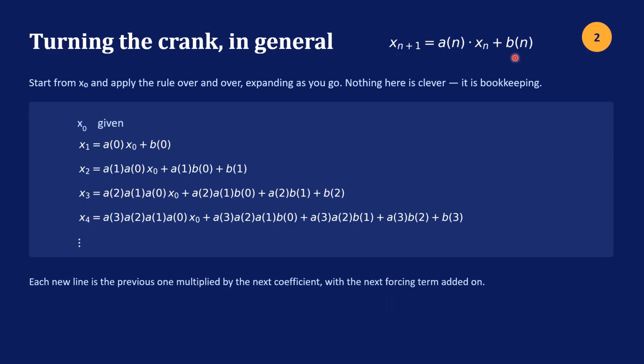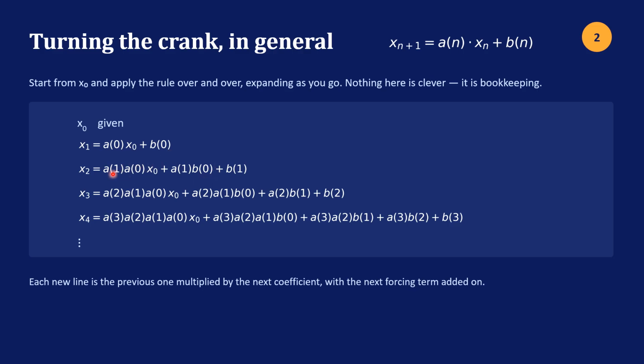I carried over our general equation from the last slide. And what I'm going to show here is the algorithmic solution. So you're given x0 and then you plug that in here to get x1. So you get x1 equals a of 0 times x0 plus b of 0. And this is x1, so you plug that back in here, and then you're going to have a1 times all of this.